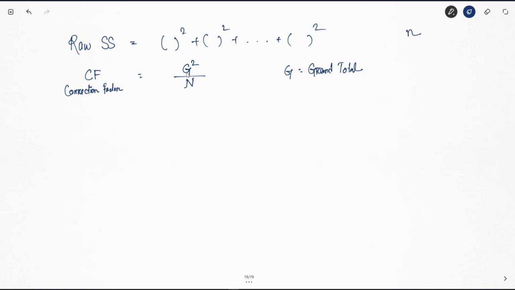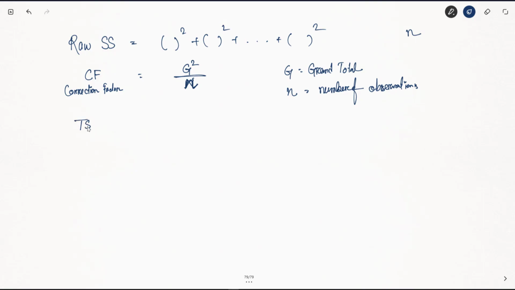So you square the grand total and divide it by n, where n is the number of observations. So first we calculate the raw sum of squares, RSS, then we calculate the correction factor, G square by n.